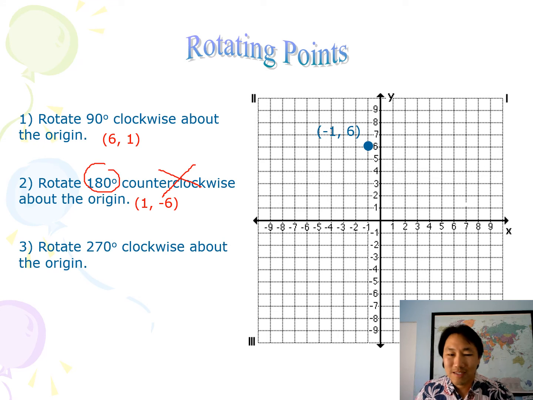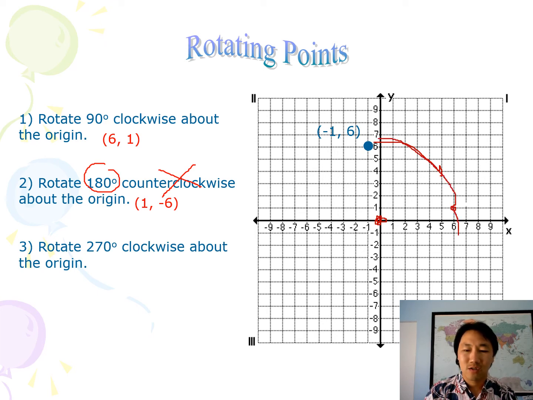How about 270 degrees clockwise about the origin? So we have the origin, and then we're going to go clockwise 270 degrees. So here's 90 degrees, here's 180 degrees, and then another 90 degrees actually puts you here. And that's 270 degrees. -6, -1.